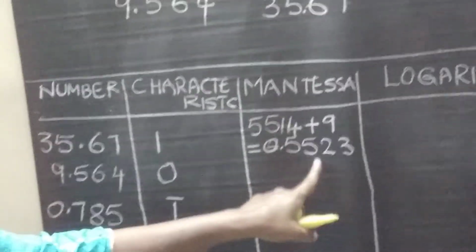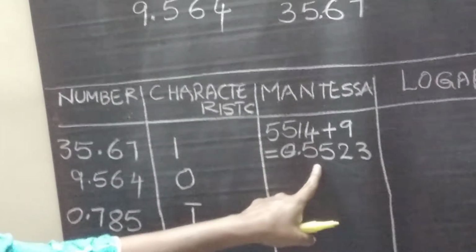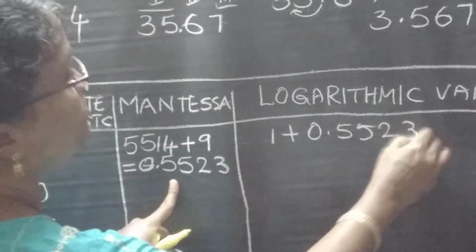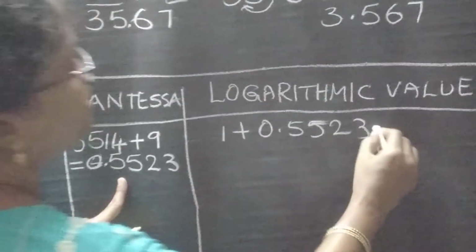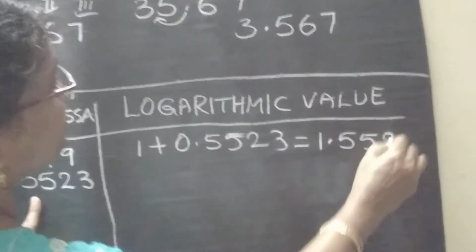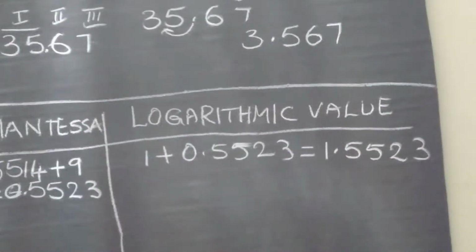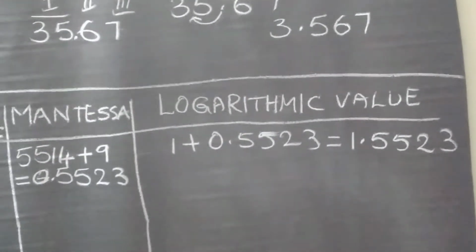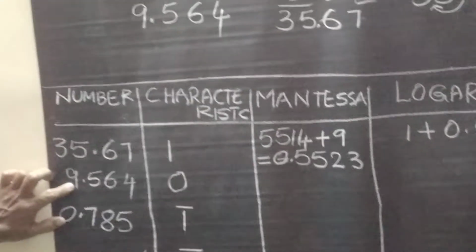And we have to add the characteristic and mantissa. Then we get 1 plus 0.5523, which is 1.5523.